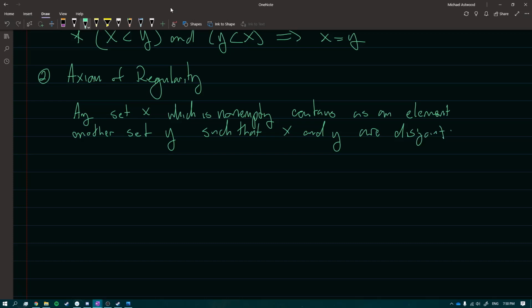So that means that if we have some x and x is non-empty, then there's got to be some y in here such that x intersect y is empty.